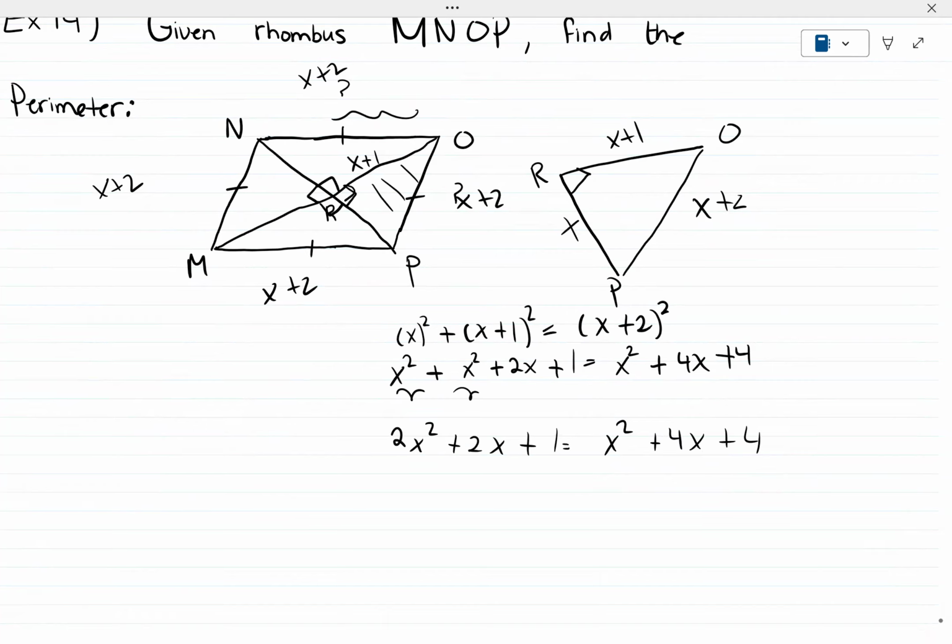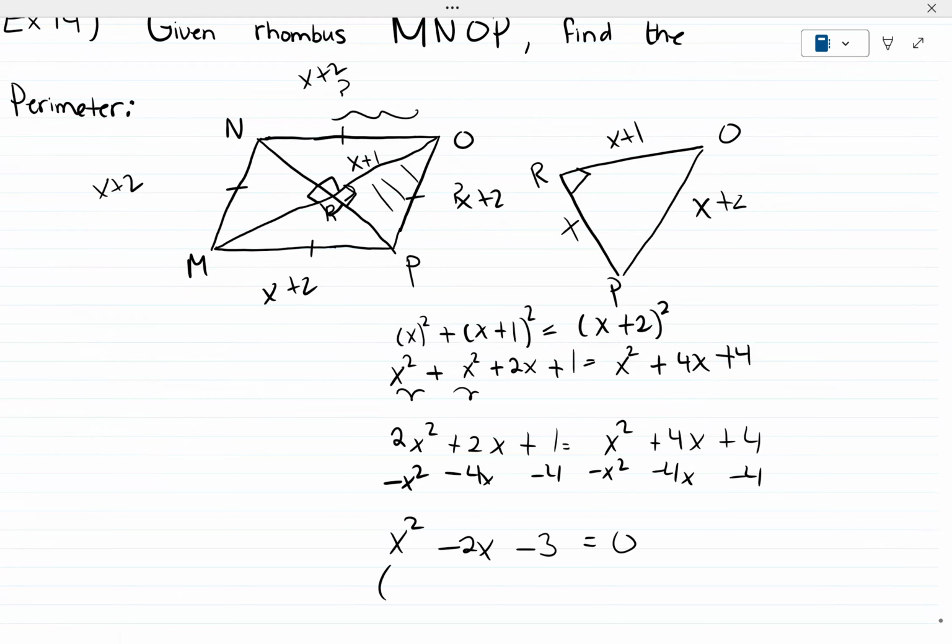Our goal is to solve for x, so we've got to get one side to 0. So I'm going to subtract x squared, drop 4x, subtract 4. Right? So 2x squared minus x squared is x squared. 2x minus 4x is negative 2x. And then 1 minus 4 is negative 3 equals 0.